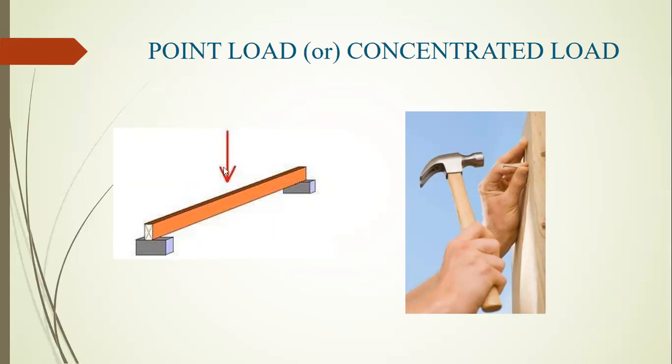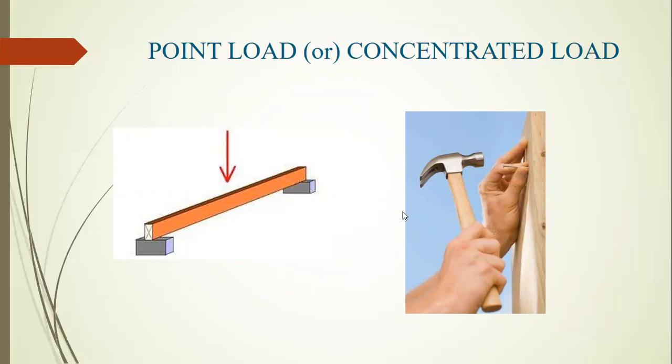Here you can see the load acting over the plank, that is the beam, at the center over a small portion. We can consider it as a point load. For example, if you hit a nail on a wall, the load from the nail will be acting over a small area when compared to the area of the wall.